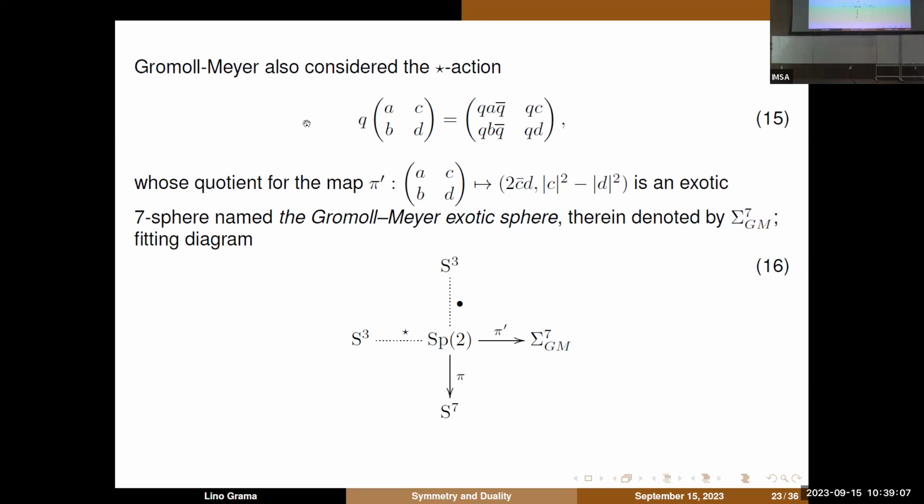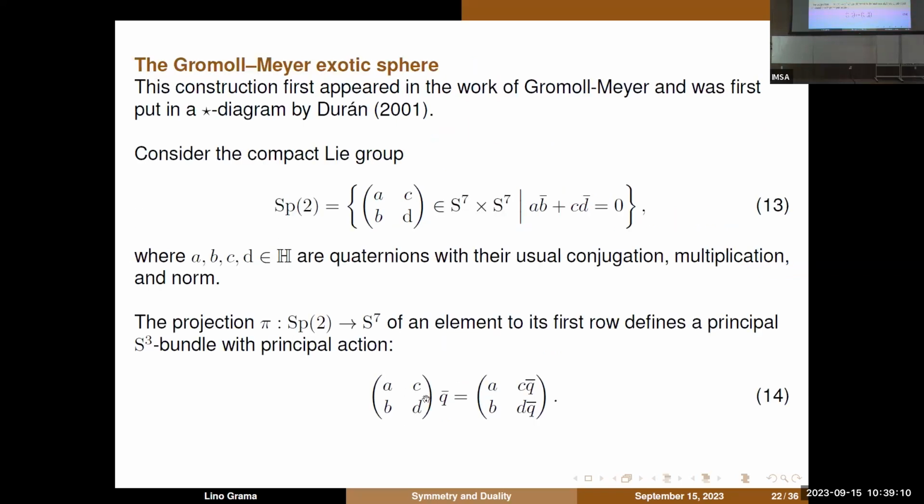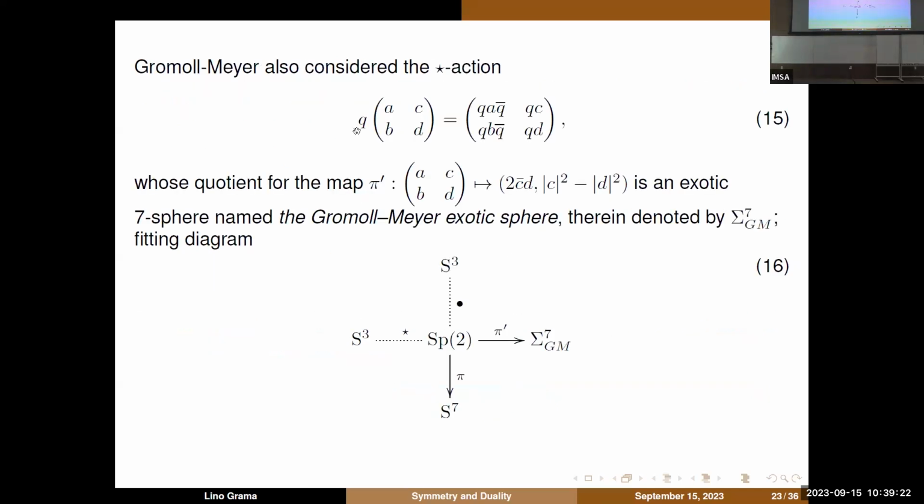If you pick this first action, you consider the orbit space, which is just the usual sphere. But now you apply another action that commutes with the first, this action on the left, and then the orbit space in this case will be this 7-sphere, but this is a homotopy sphere. It's homeomorphic, but not diffeomorphic to this manifold.